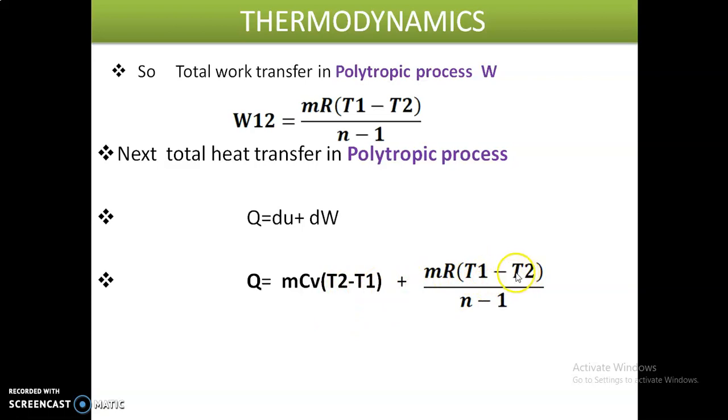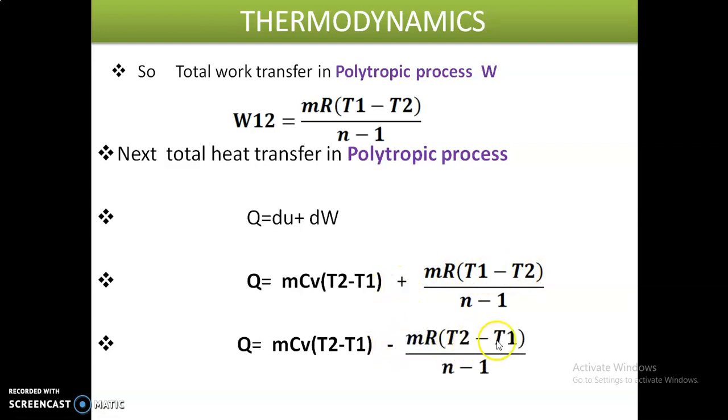So if we write T2 minus T1, again here we have to write a minus symbol. So mCv (T2 minus T1), and if we write T2 minus T1 in that place, in place of plus we have to write a minus. So minus mR (T2 minus T1) divided by n minus 1.